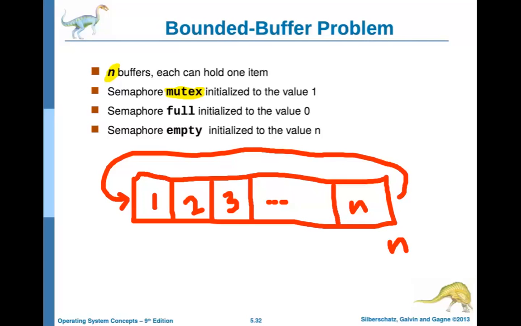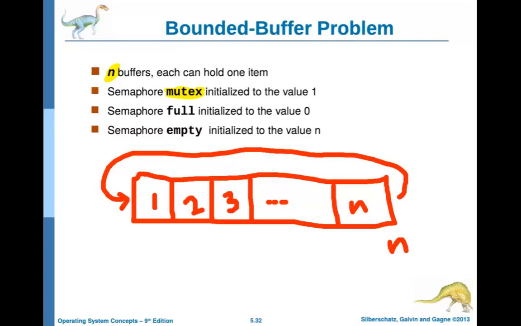Now, whenever you are reading or writing from this buffer, we'll utilize this mutex so that we make sure that the update of this buffer is the critical section. So for that, mutex will be utilized. Because it is a mutex, it will be a binary semaphore, where value of 1 means free and value of 0 means busy.